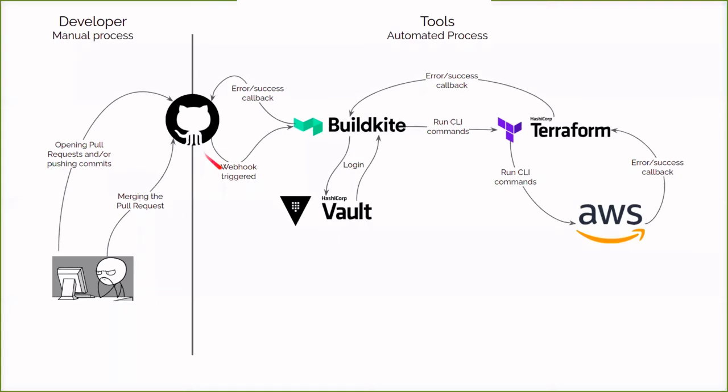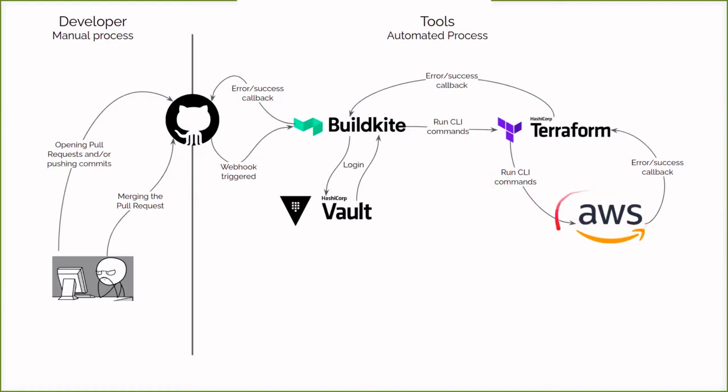So GitHub will trigger a webhook to Buildkite, our CI tool. And also Buildkite has an integration with Vault to get some credentials and also secrets from there. And after that, inside Buildkite there is a script that calls Terraform commands, and Terraform will call AWS.